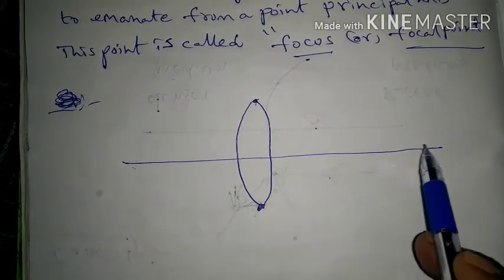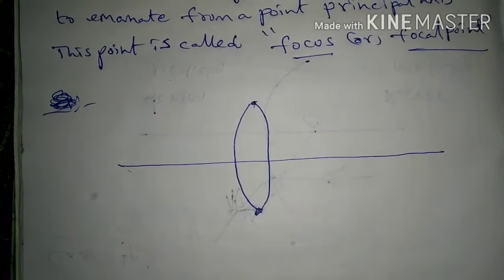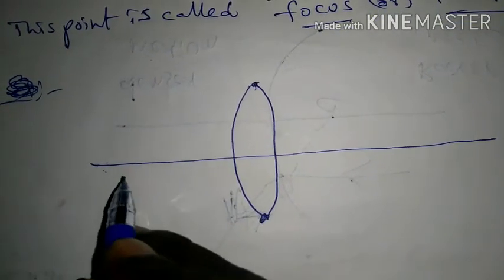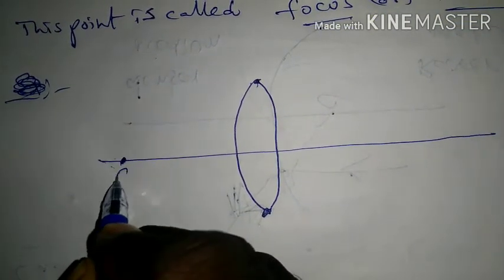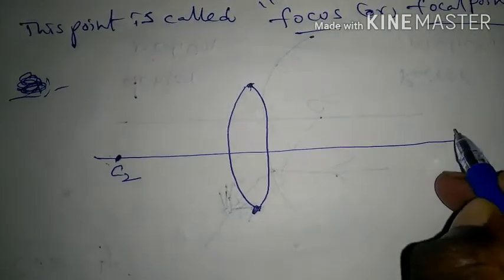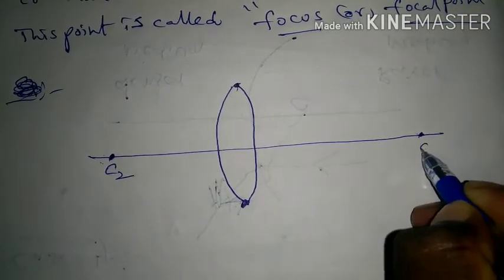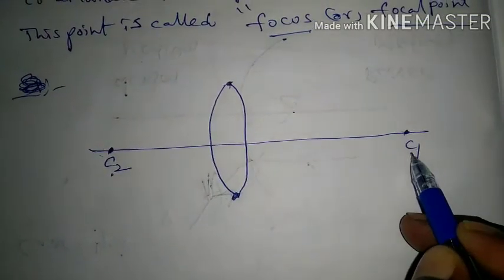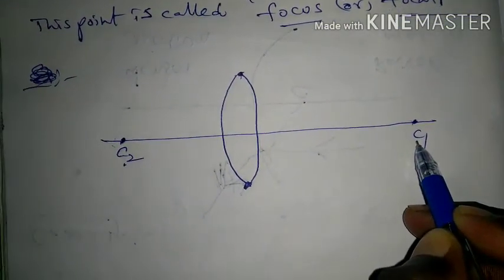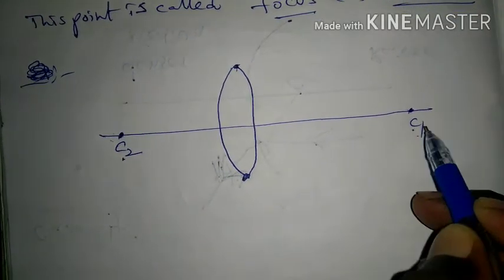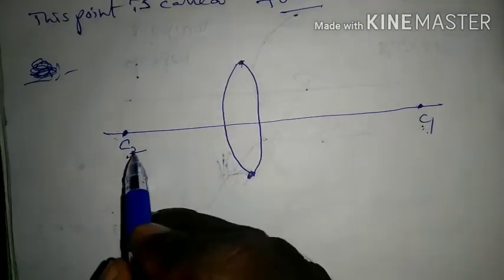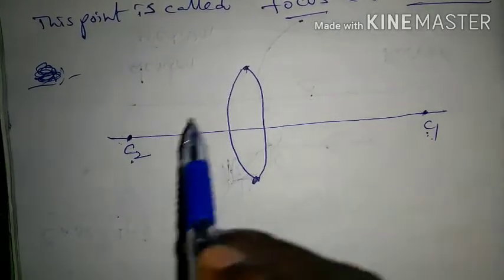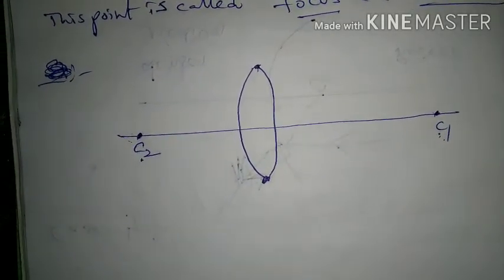This line is the principal axis. Here C2, here C1. C means center of curvature. A double convex lens has two centers of curvature.